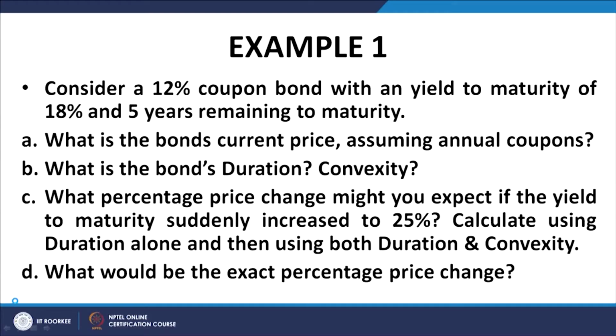So, what percentage price change would you expect if the yield to maturity suddenly increases to 25%? Calculate using duration alone, then introduce the convexity correction and then calculate the actual percentage price change. So, this is a comprehensive example which would illustrate all the concepts that I have elucidated so far.